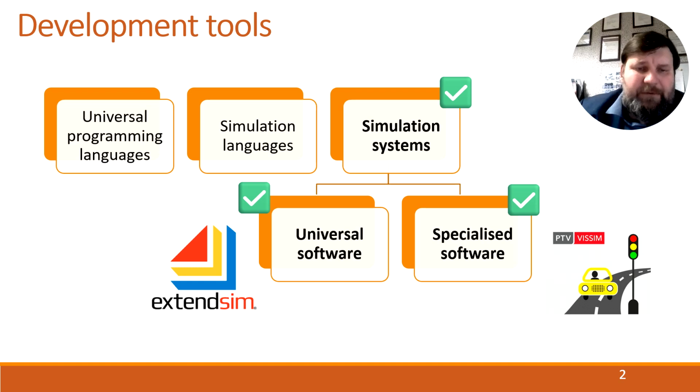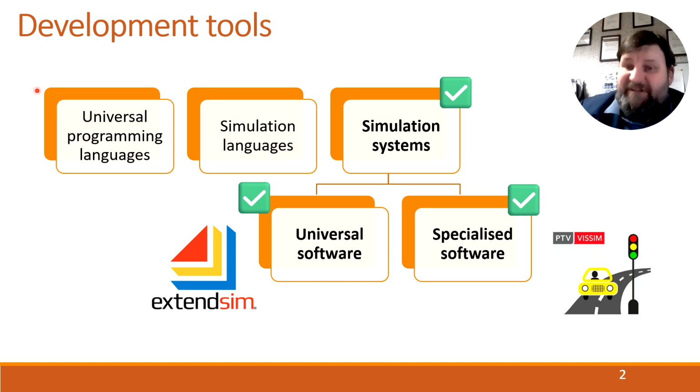First of all, guys, I would like to pay your attention that in generic form we have three types of tools for developing a simulation model. The first one is indicated here, and it is called universal programming languages.